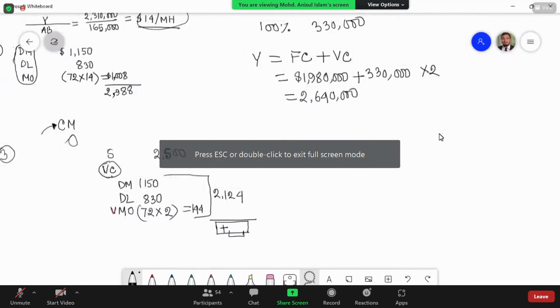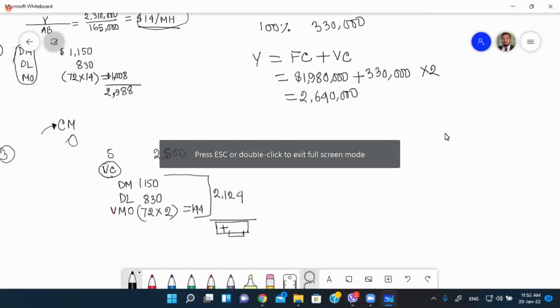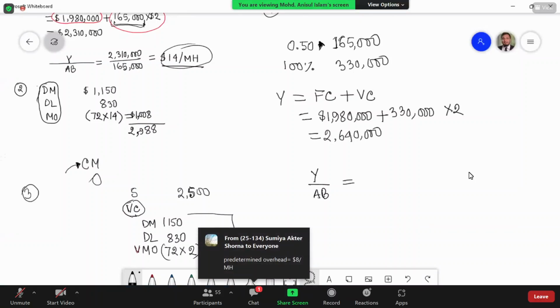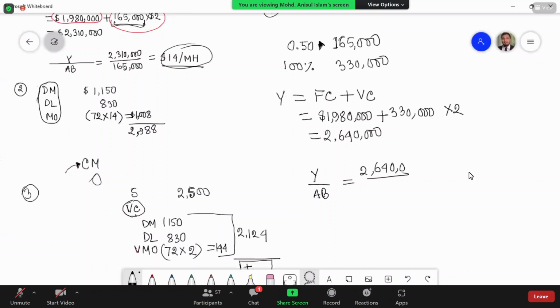Now, what will the predetermined overhead rate be? The revised predetermined overhead rate is the total estimated overhead divided by the activity base. Note that it would not be the reduced capacity activity base; rather it will be the actual capacity. So 2.64 million, our total revised overhead expenses, divided by 330,000.